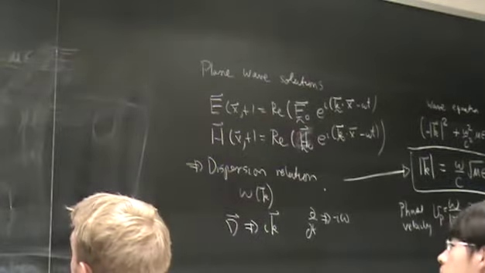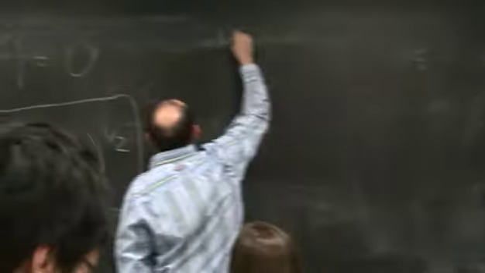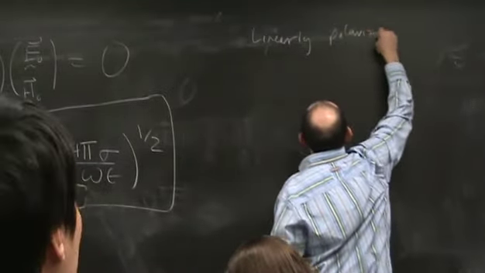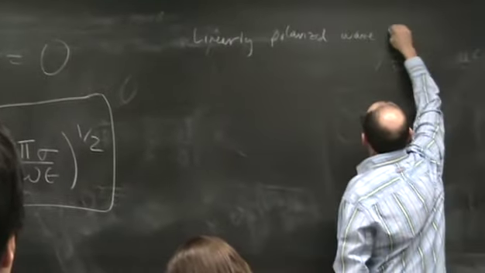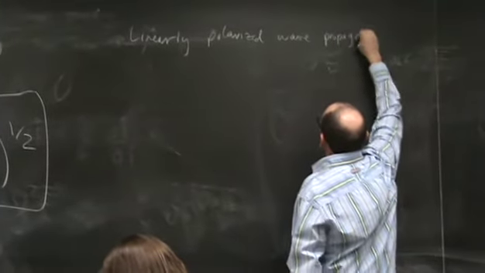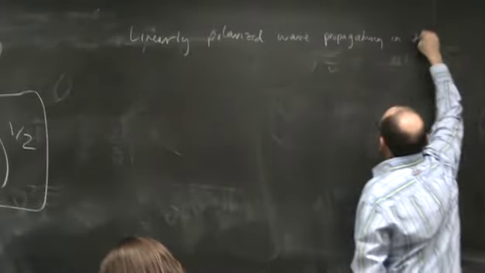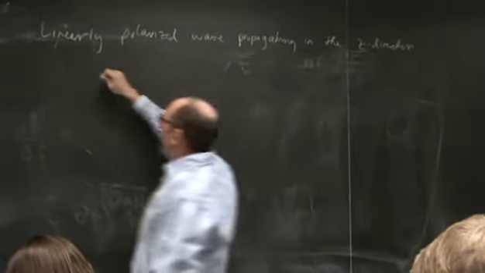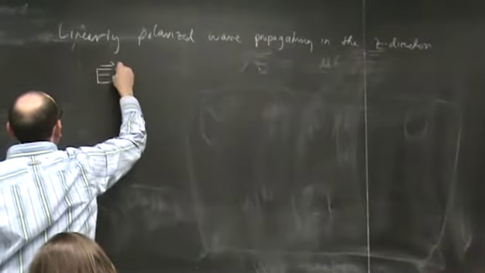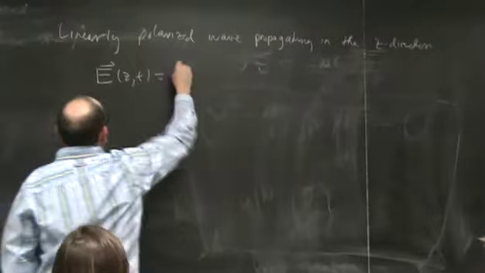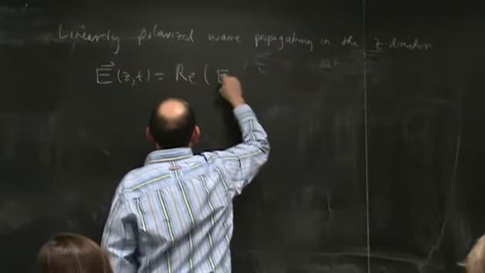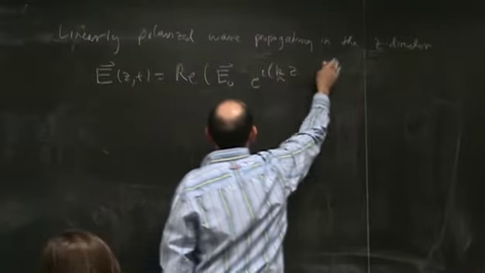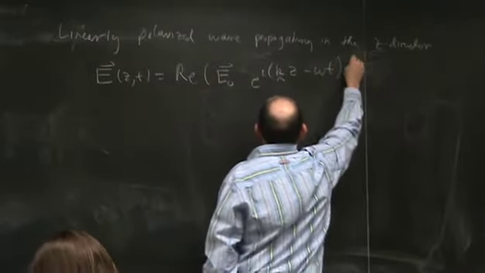Let's just say I have a linearly polarized wave propagating in the z direction. So let's look at E, a function of z and t, is the real part, so real vector E0, e to the i k tilde z minus omega t.